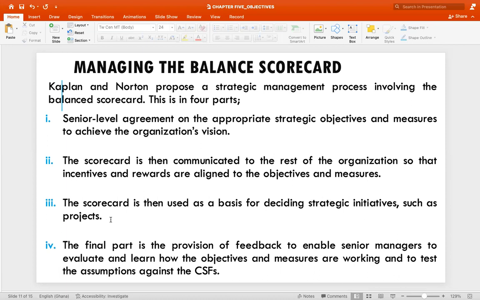The final part is the provision of feedback to enable senior managers to evaluate and learn how the objectives and measures are working, and to test the assumptions against the CSFs. Okay, so we need to find out whether the assumptions that we made, that if we achieve that, it will lead to this, and so on and so forth.